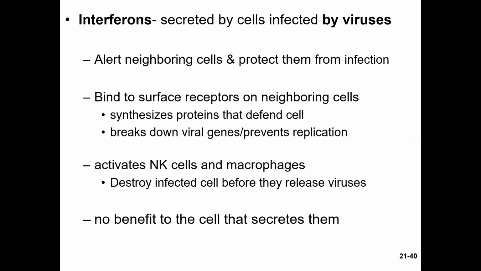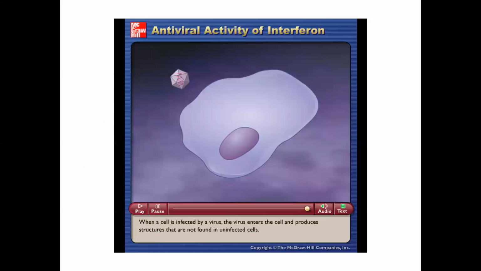Interferons are secreted by cells infected by viruses. These alert neighboring cells and protect them from infection. They bind to surface receptors on neighboring cells, which synthesize proteins that defend the cells. It breaks down viral genes and prevents replication. It activates natural killer cells and macrophages. It destroys infected cells before they release viruses. There's no benefit to the cell that secretes them.